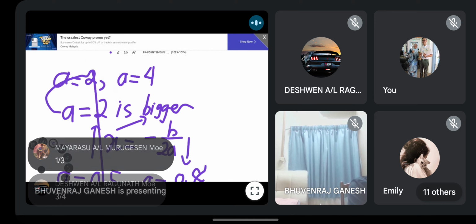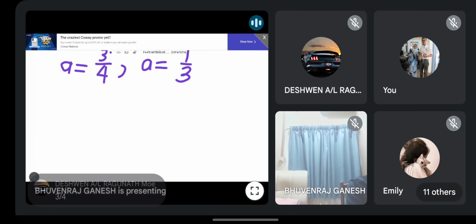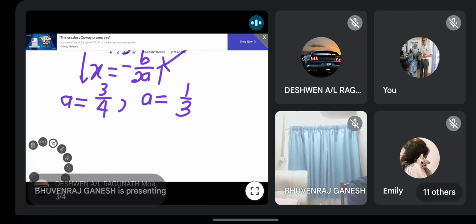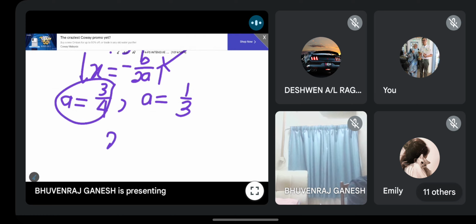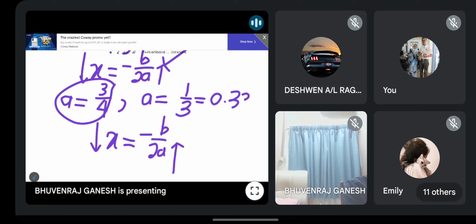Very good. Okay, sorry. A equal to 3 over 4 is the answer. Because x equal negative b over 2a, I want smaller, so a must be larger. This value is 0.33. This value is 0.75.